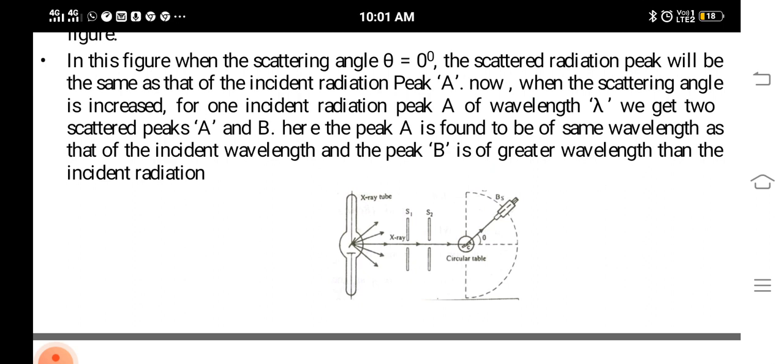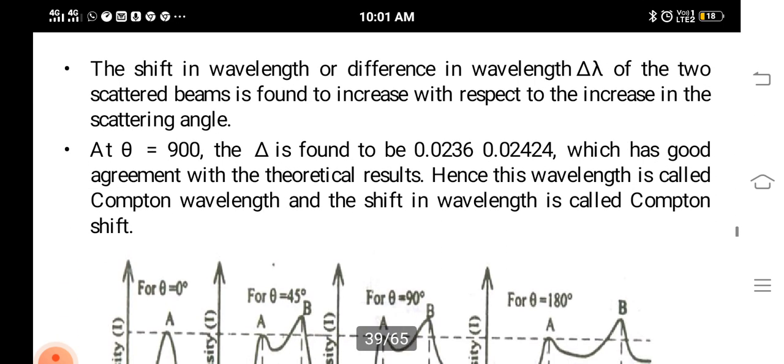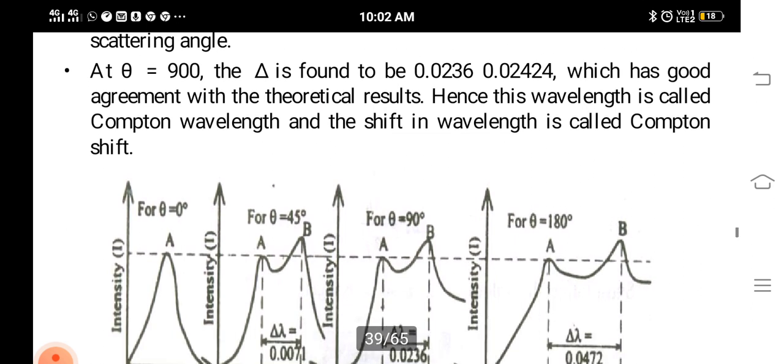For one incident peak A of wavelength lambda, we get two scattered peaks A and B. Here the peak A is found to have the same wavelength as the incident wavelength, and the peak B dash has a greater wavelength than the incident radiation. Here we'll see the shift in wavelength, or difference in wavelength delta lambda, of the two scattered beams is found to increase with the increase in the scattering angle.